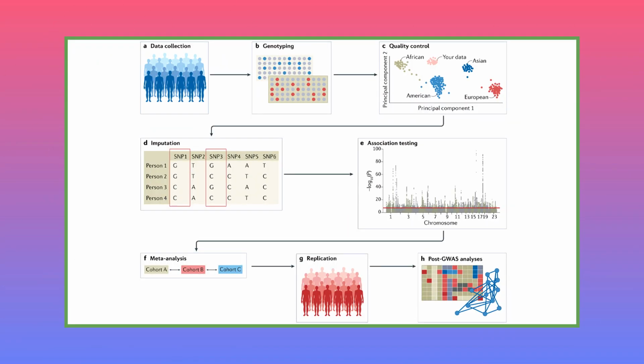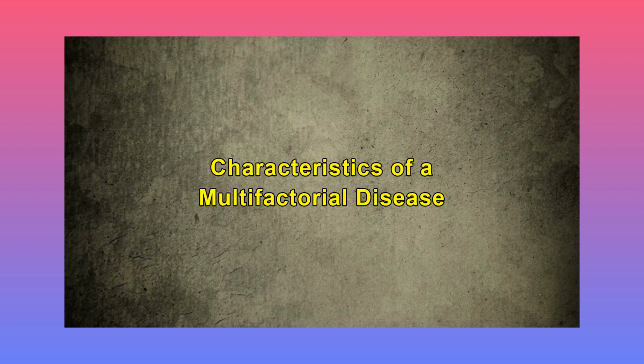There are many methods for studying common multifactorial diseases. One such way is the genome-wide association study, which helps in the identification of the common alleles which are responsible for the complex disorders.